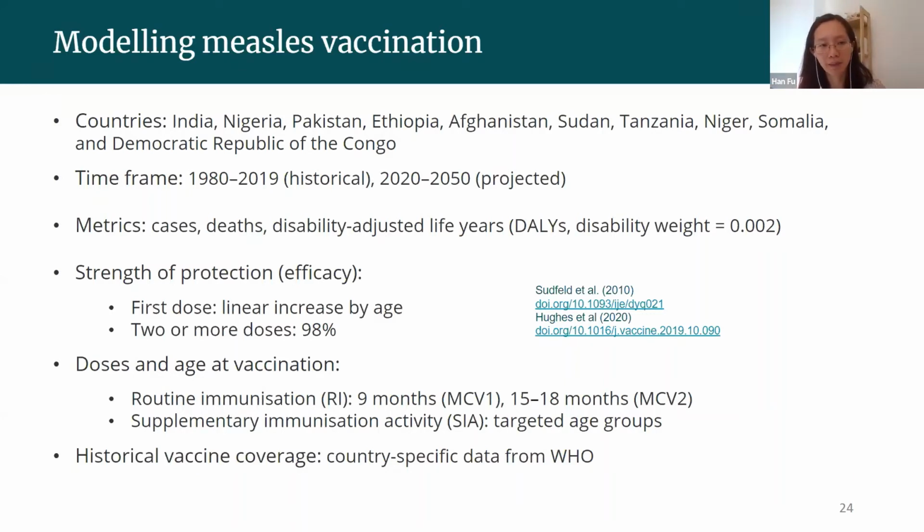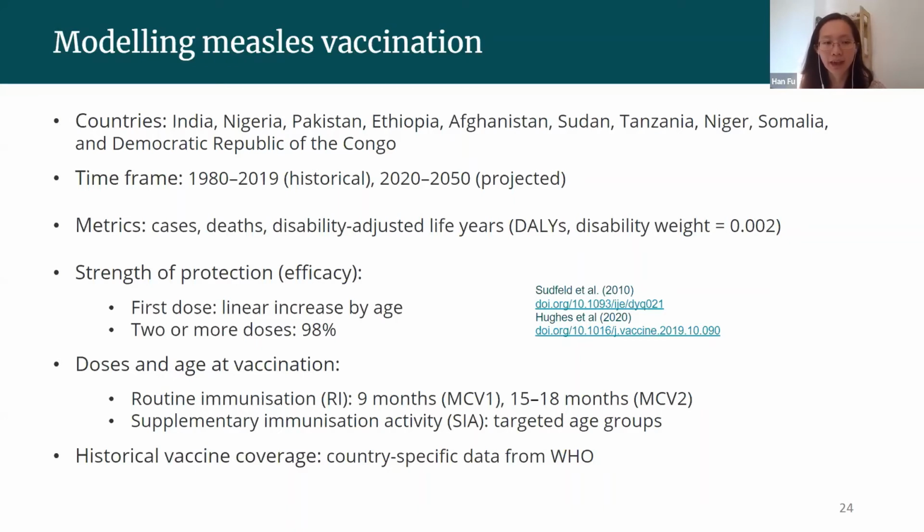The first decades are the historical period to capture the expansion of the immunization programs, and the projected period from 2020 to 2050 is to show the effects of COVID-19 disruptions. The metrics we are looking at are cases, deaths, and DALYs.